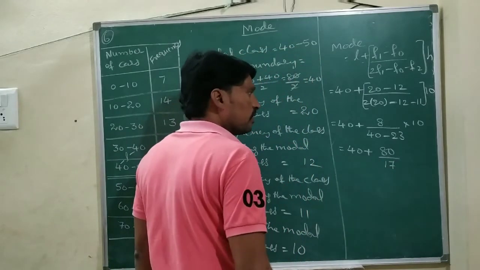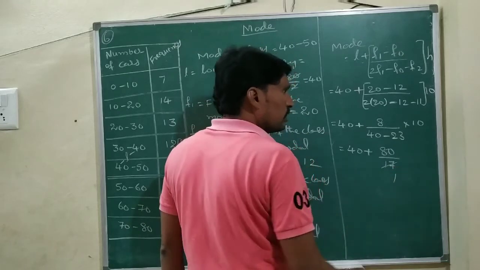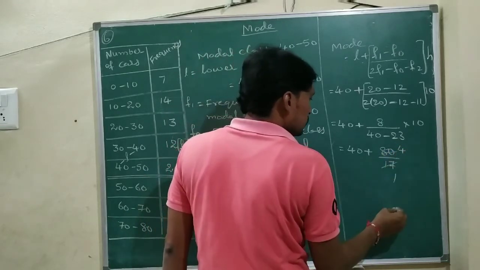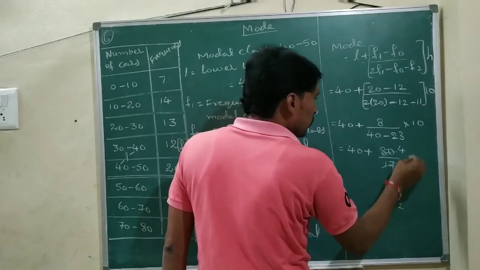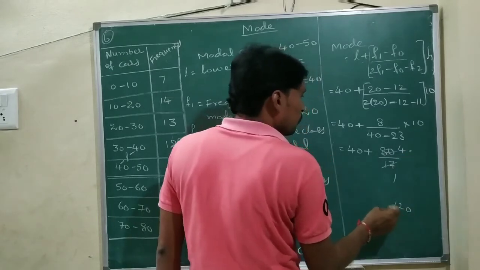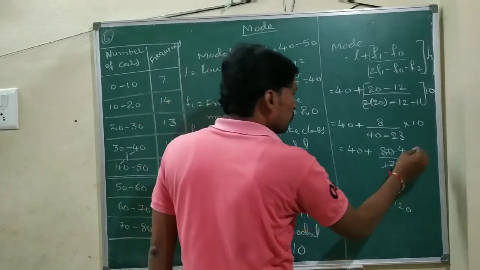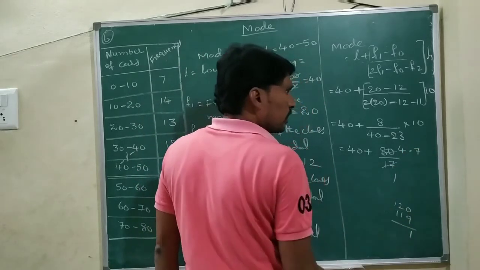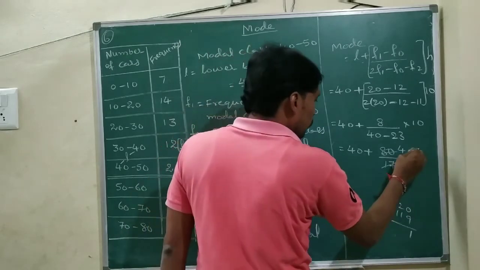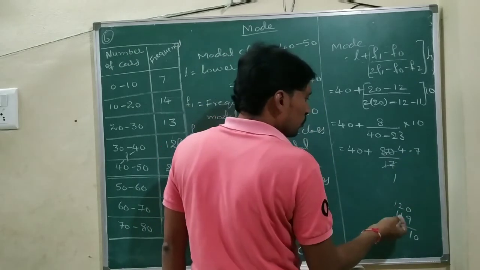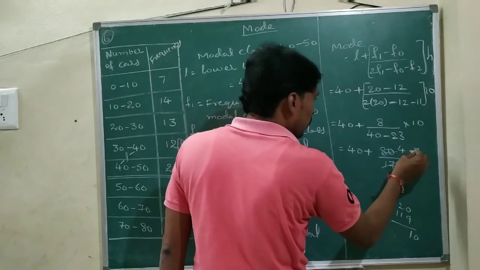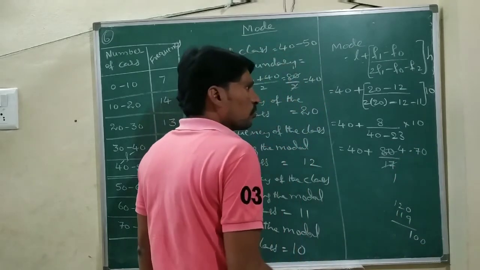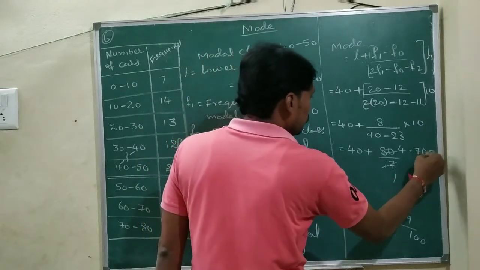Now we divide 80 by 17 using the 17 table. 17 ones are 17, 17 fours are 68, so 12 remains. Put the decimal point and take 0. 17 sevens are 119, so 1 remains. Again take 0. It is not possible with the 17 table, so again take 0. 17 fives are 85.